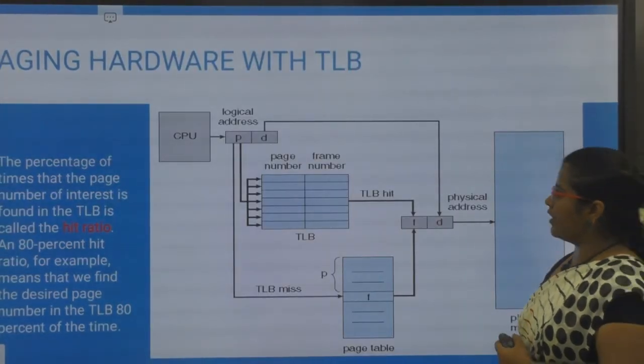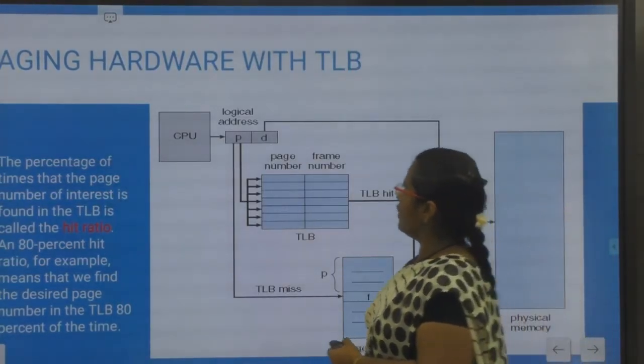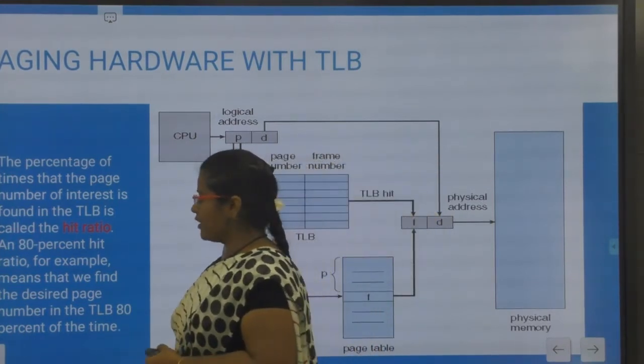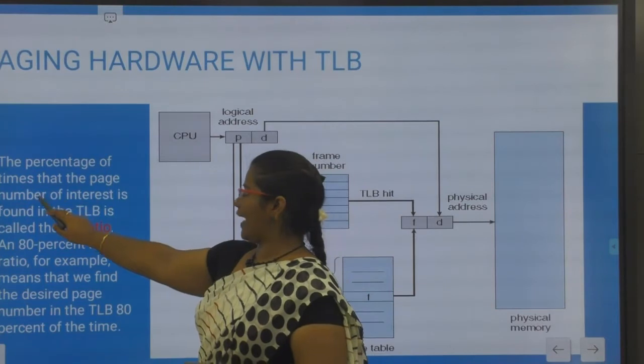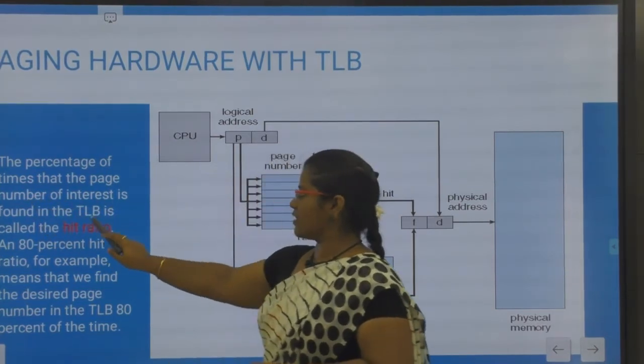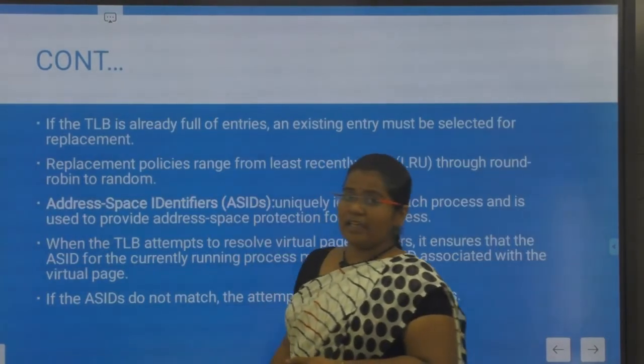If you observe here the diagram of paging hardware, this is how it is done with the TLB. As we have seen, the percentage of times that the page number of interest is found in the TLB is called the hit ratio.